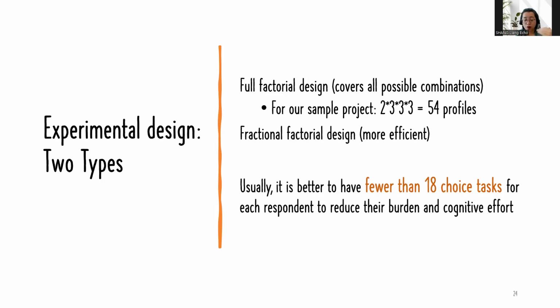Because if we have more than 18 choice tasks, it is very likely that your respondents are just going to randomly pick an option without really looking into the attributes and attribute levels that we use to describe a scenario, a product or service under examination. So ideally, we should keep the number of choice tasks in our questionnaire fewer than 18.